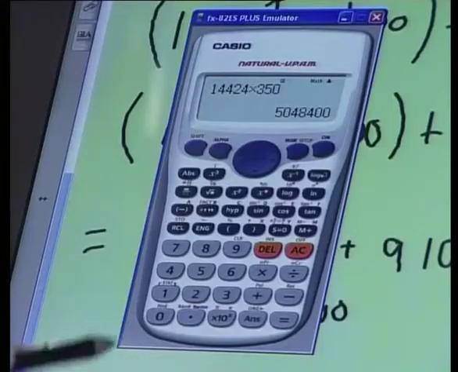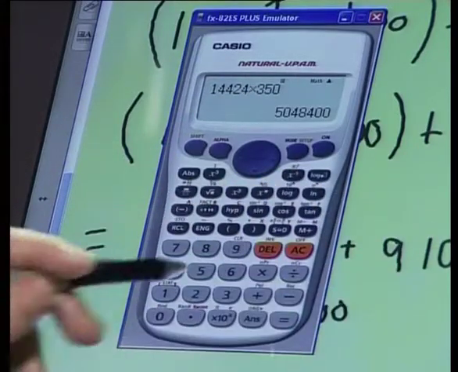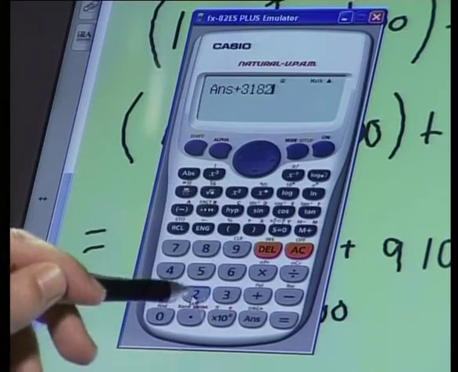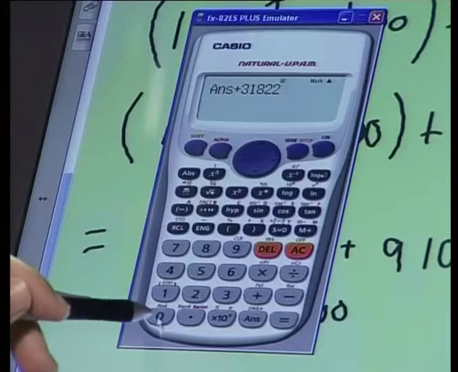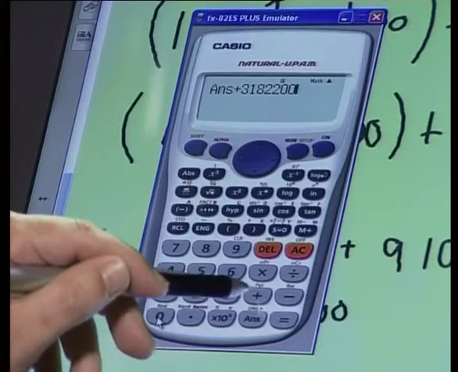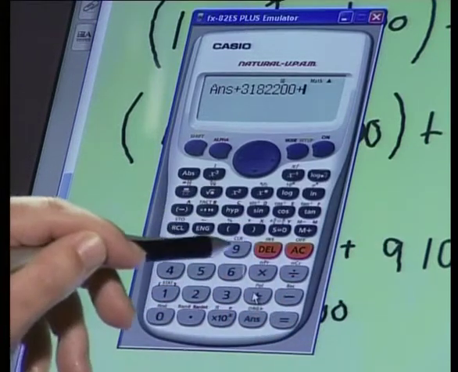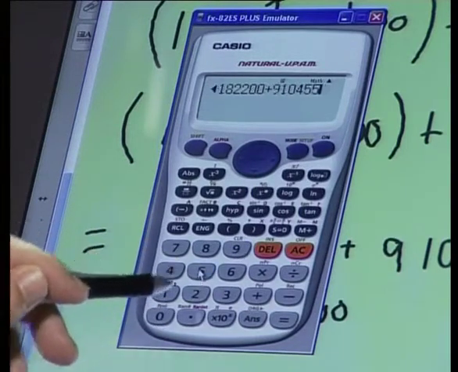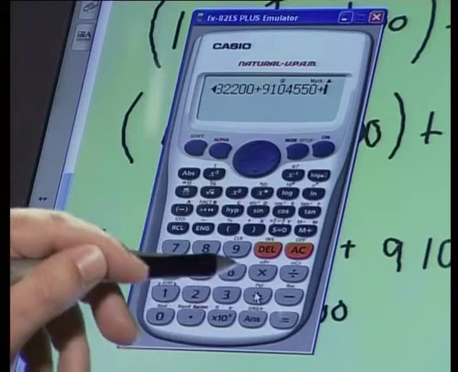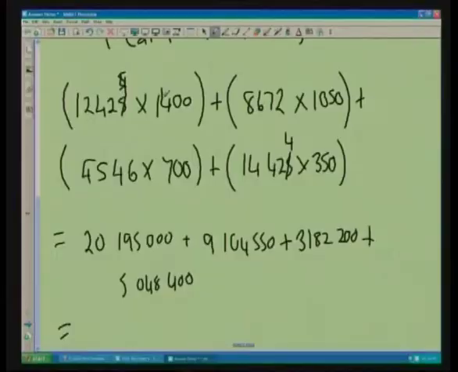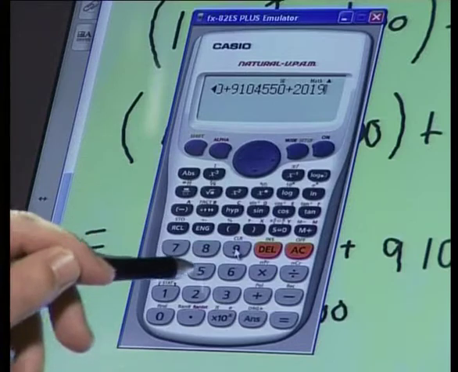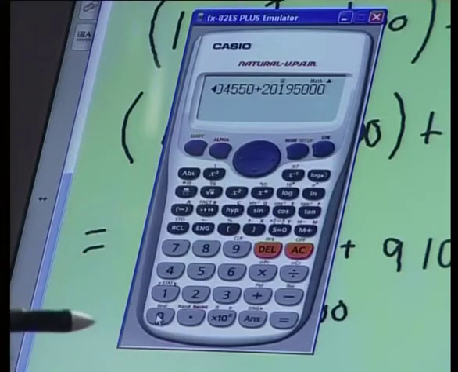I'm going to quickly do that. We've already got the 5 million. Let's add the 3 million. So plus 3,182,200. And then we're going to add the 9,104,550. And our last figure was 20,195,000.